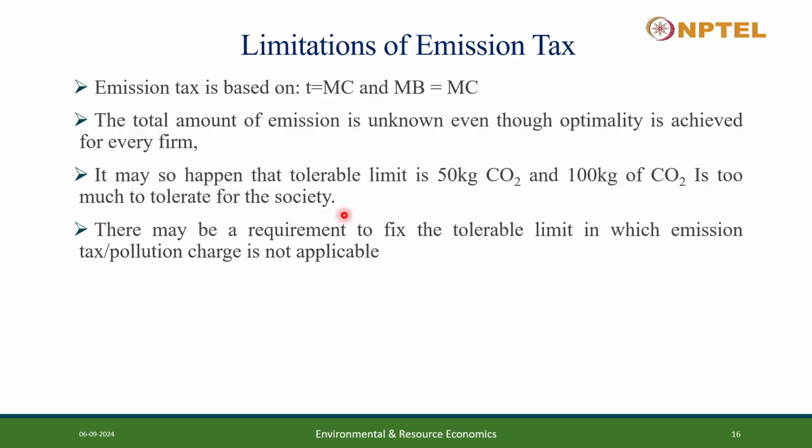Then in this case, the emission tax will not be applicable, because in the emission tax system, the firm chooses to abate pollution according to the marginal cost and marginal benefit curve, and there is no net emission limit. So when the emission limit is fixed, the emission tax system is not efficient.